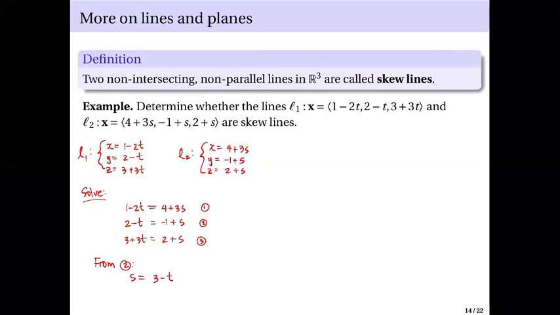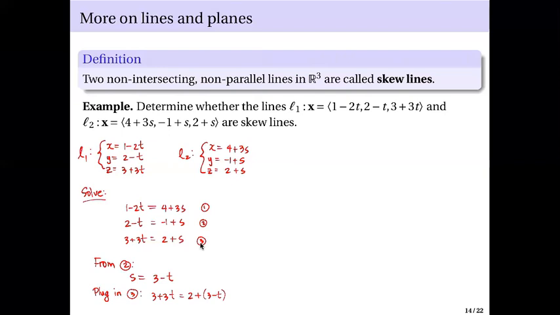Okay? And then we plug in this S to equation 3. We will get 3 plus 3t equals 2 plus s, but s is 3 minus t. So we solve this.